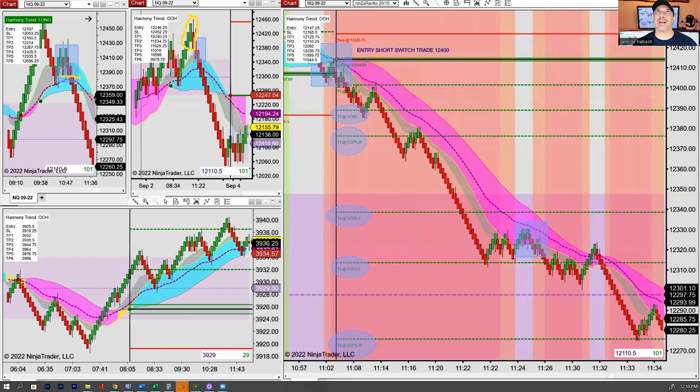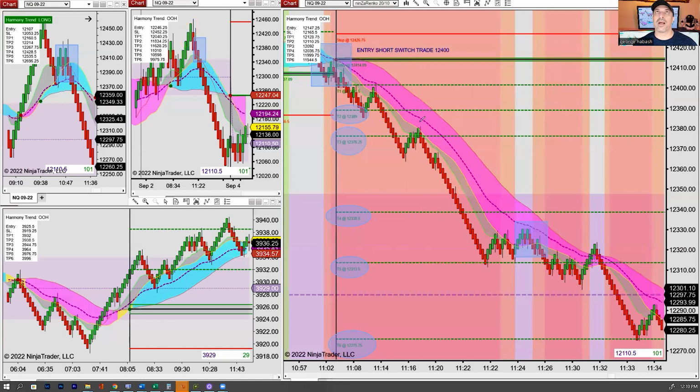That gray zone that you see right here is the harmony wave. That harmony wave started right here, and that change in color told us, get ready for a change in personality. Then right here at this level, about 12,407, the market started a new harmony wave.